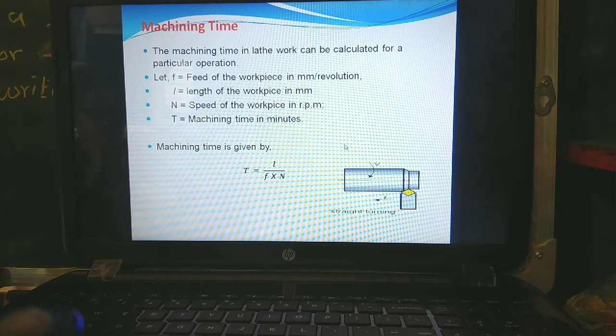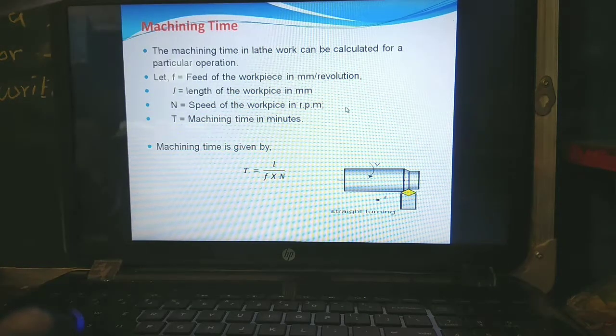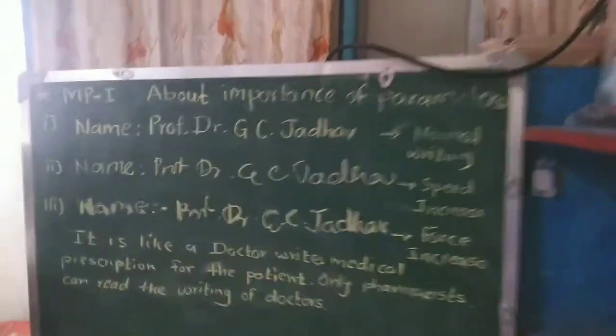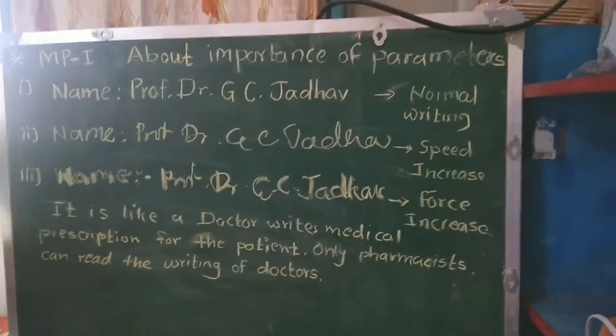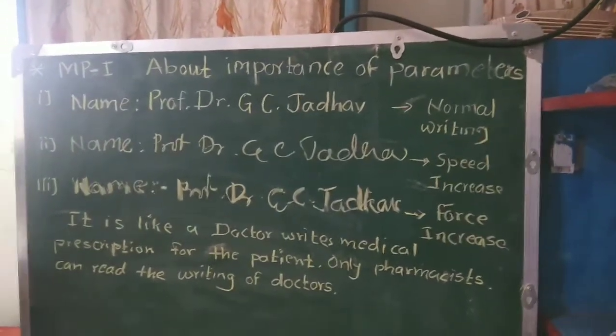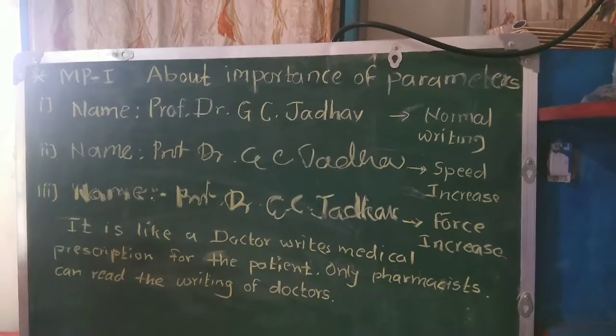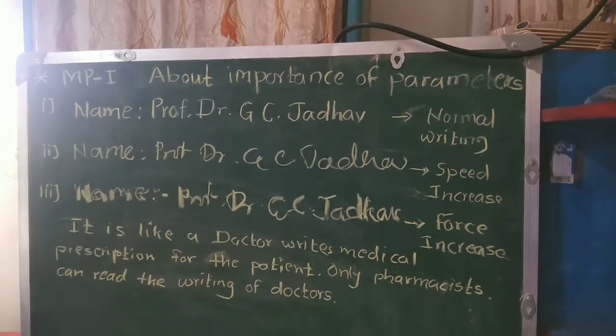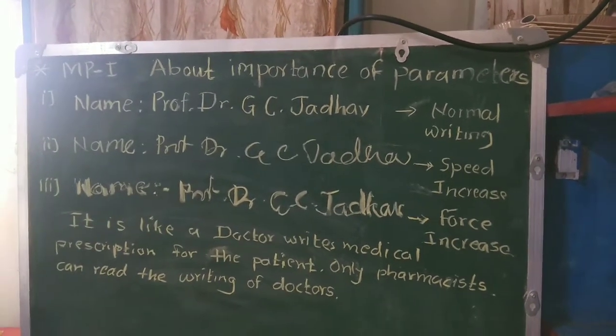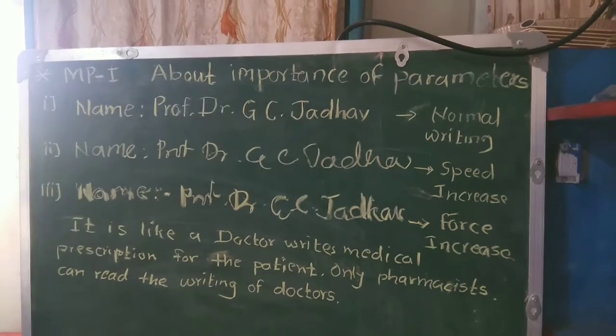Next, I can help you with the help of the example given on the green board. The name is written in normal writing, that is Professor Dr. G.C. Jadhav. It is normal writing. Then if I increase the speed, what happens?